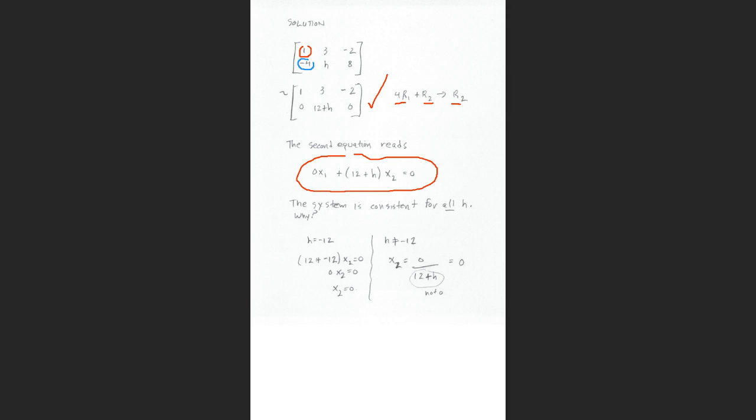So let's concretely see why. Obviously, if you have a 12 plus H in front of the x, if that's the coefficient of x2, there's two interesting cases. One is if H equals -12, and one is if H is not equal to -12.